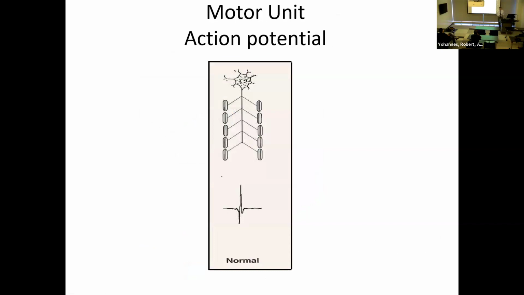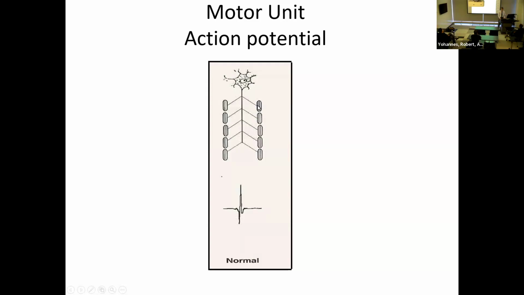During this talk, we're going to shift to this basic schematic representation. Obviously, this is not real life, but it's going to help us understand the different variations. This is a normal motor unit. So what does it mean that this is a normal motor unit? We have a nerve here, and we have an axon, and from the axon we have branches which innervate each muscle fiber.